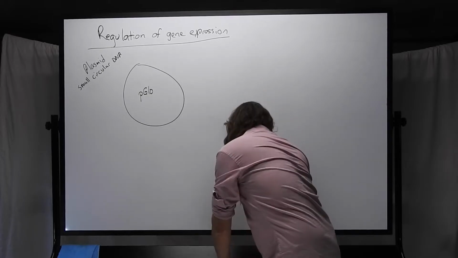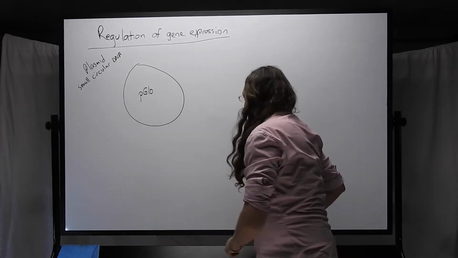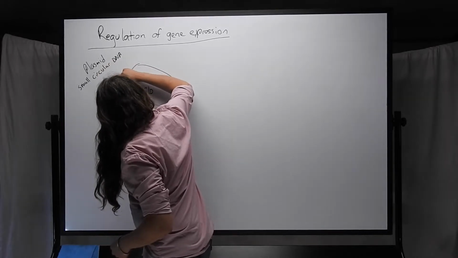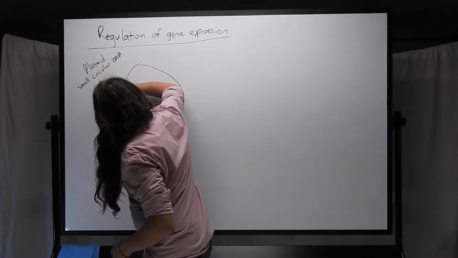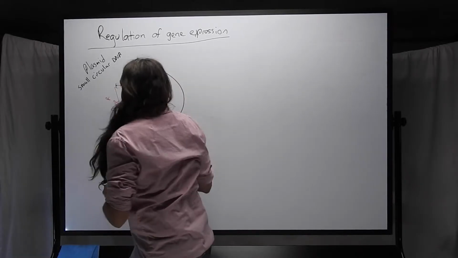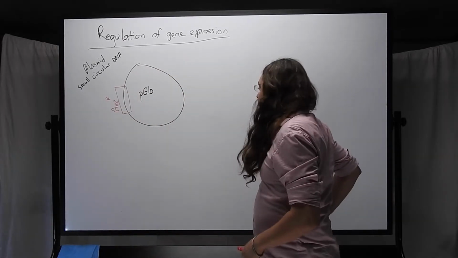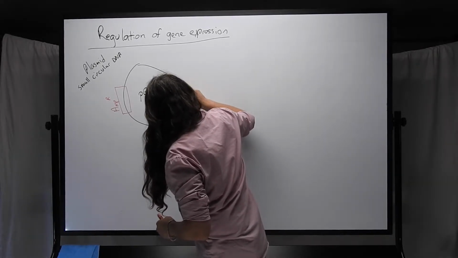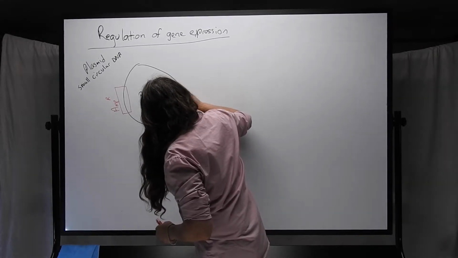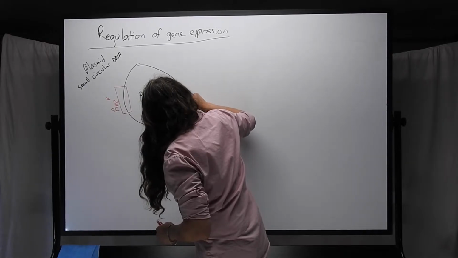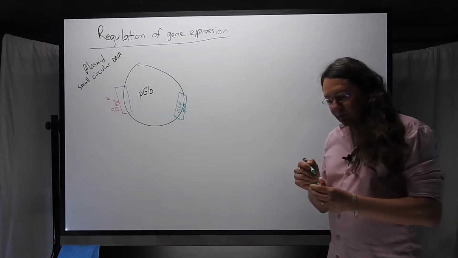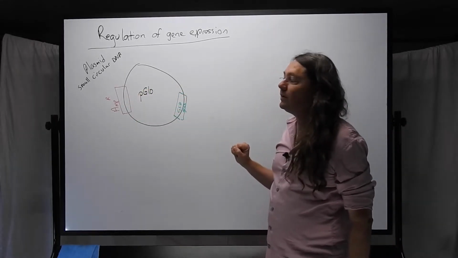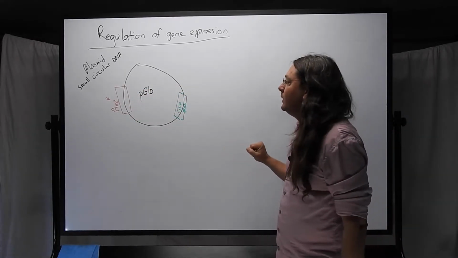And pGLO has two genes on it. It has the ampicillin resistance gene, and it has the GFP gene. So these are the two genes on this plasmid that are relevant to our experiment 3.